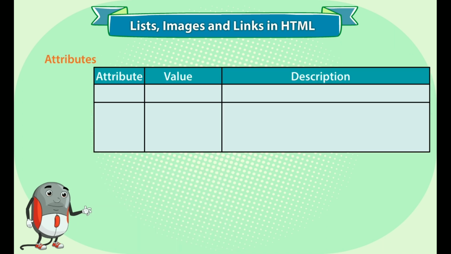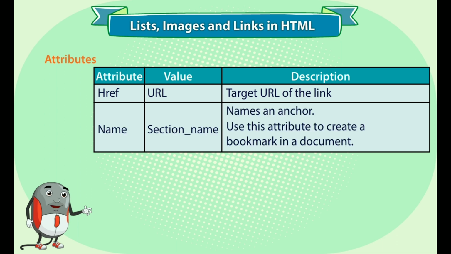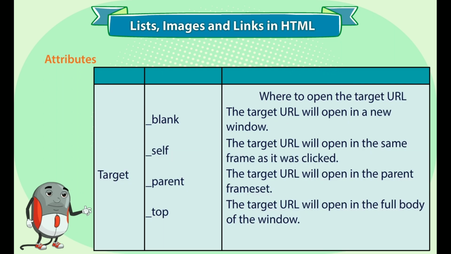Attributes, attribute, value, description. Href, URL, target URL of the link. Name, section underscore name, names an anchor. Use this attribute to create a bookmark in a document. Target, underscore blank, where to open the target URL.